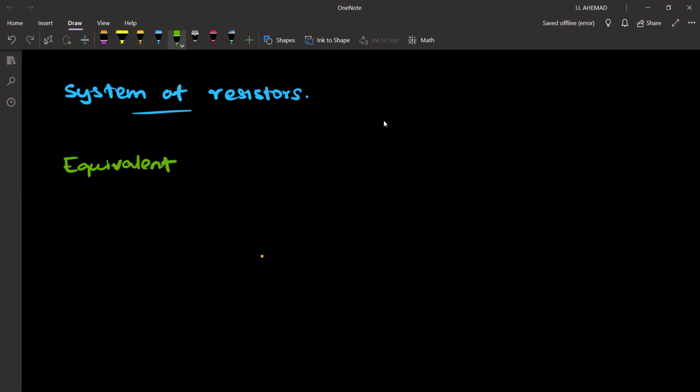So today's topic, system of resistors. Under that subtopic, equivalent resistance.